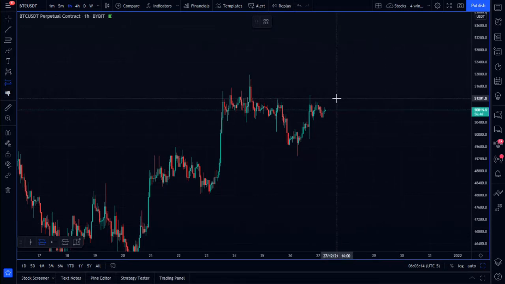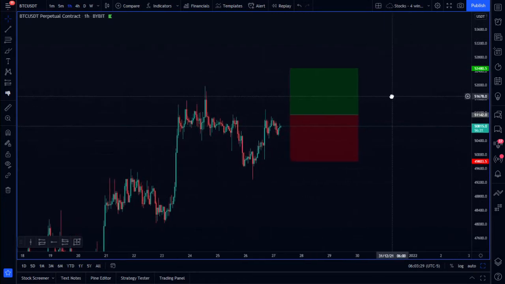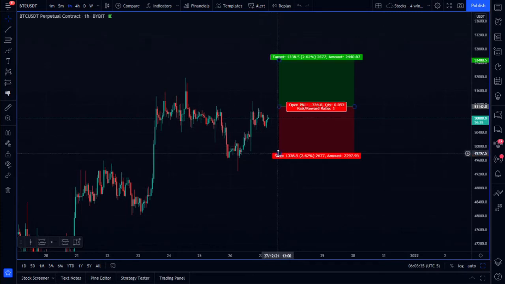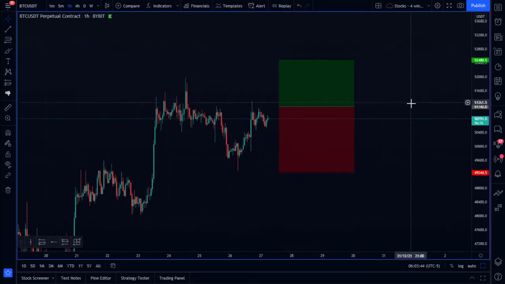So let's say you've done your technical analysis and you believe once the price crosses this point here that you're going to go for a long, because that's what your analysis has told you. Let's just make this bigger so we can see it a bit clearer. And your technical analysis also has told you that if the price does drop, it won't drop lower than this point right here.